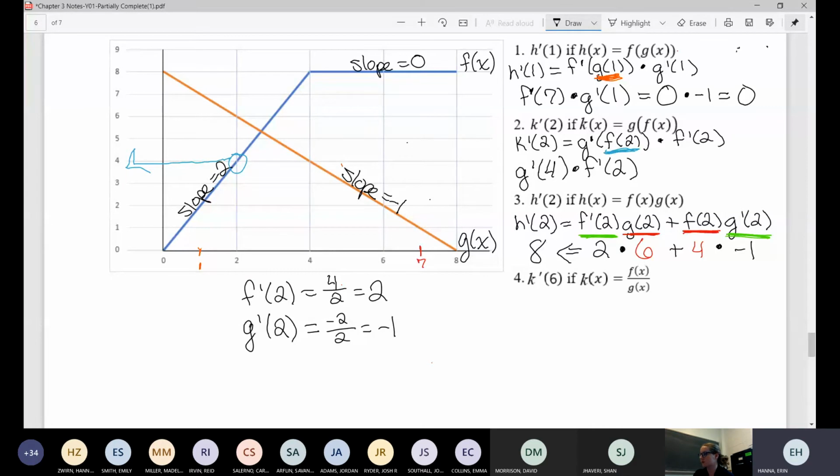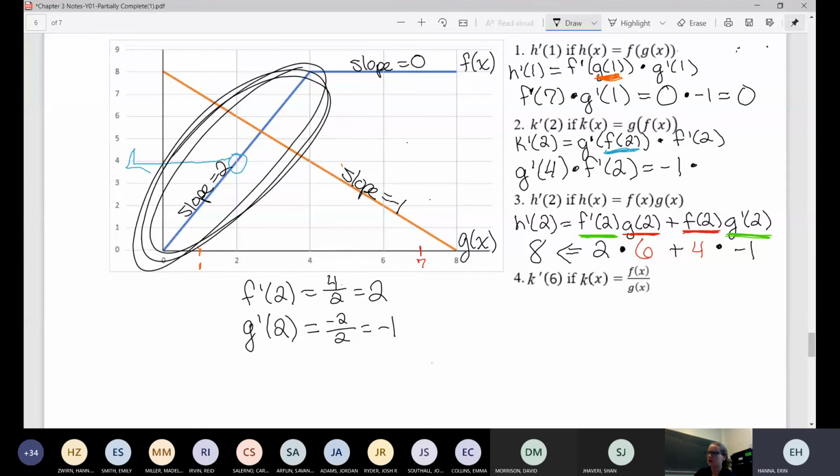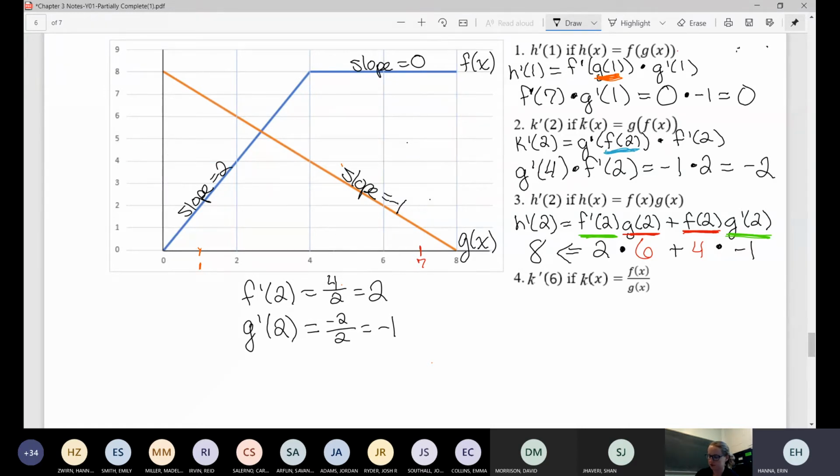It's the same as the slope of g everywhere, so -1. Times the slope of f at 2. At 2, we're in this first line segment for f, since f is made up of 2 line segments. What's the slope of that line segment? It has slope of 2, so f prime of 2 is 2. So -2 is our final answer.